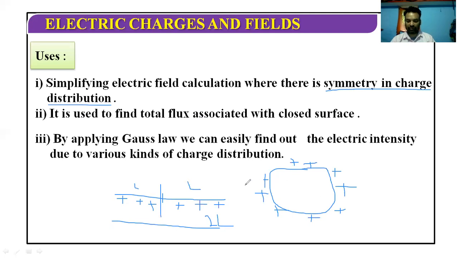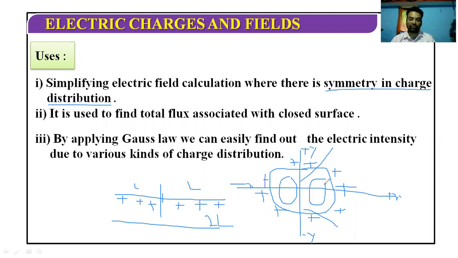So symmetrical means if I take the axial line, minus x to plus x, जितना चार्ज ये upper portion में होगा उतना ही चार्ज lower portion में होगा. If I take the y-axis, minus y to plus y, तो जितना चार्ज लेफ्ट पोर्शन में होगा उतना ही चार्ज राइट पोर्शन में होगा.